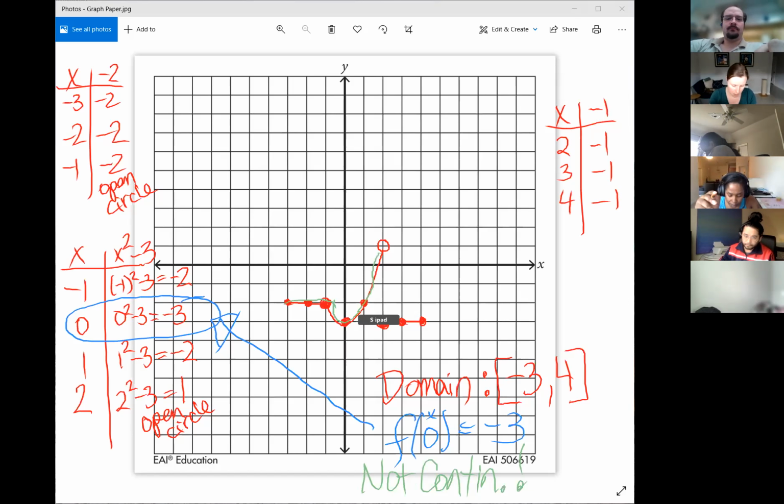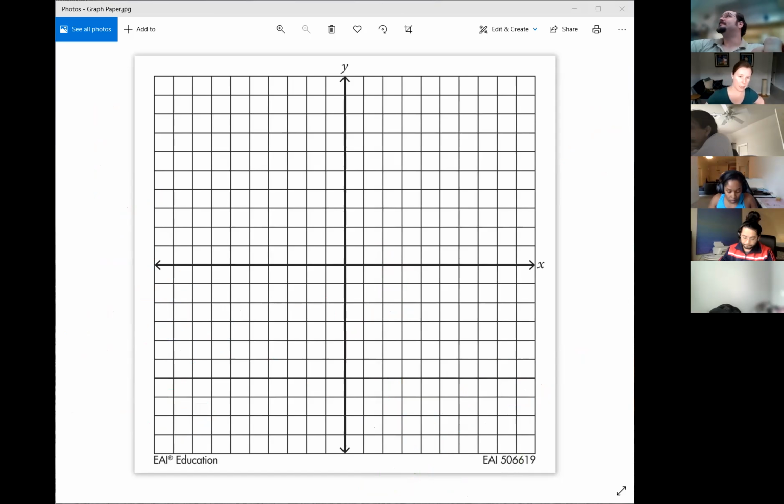But then I have to pick up my pencil to jump down here. So that's what makes it not continuous, that jump that I have to make to continue drawing it. Okay, any other questions on the piecewise? No? All right. Whew, that one took a while.